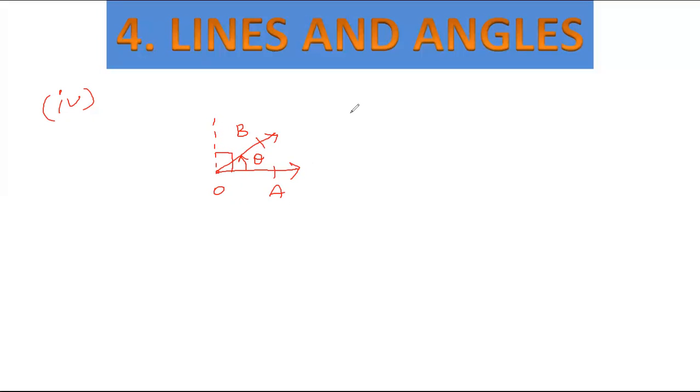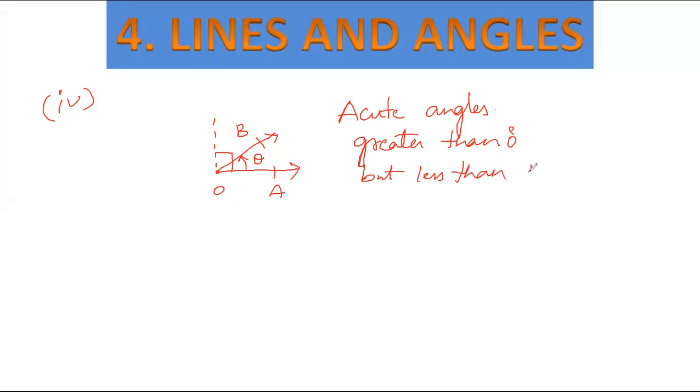Such angles are called acute angles. Acute angles are those angles which are greater than 0 degree but less than 90 degree.